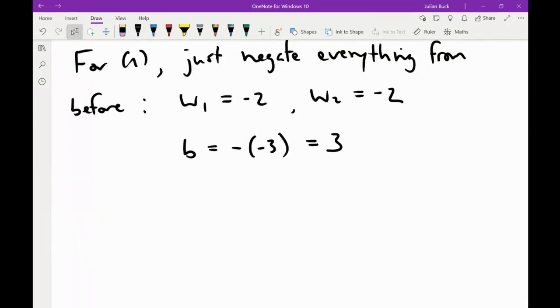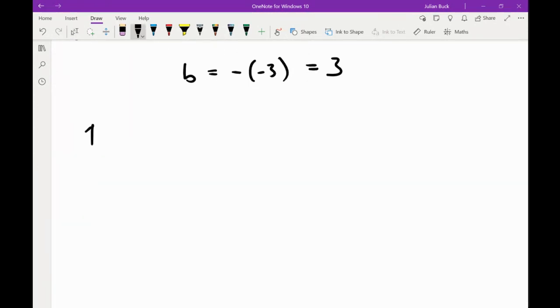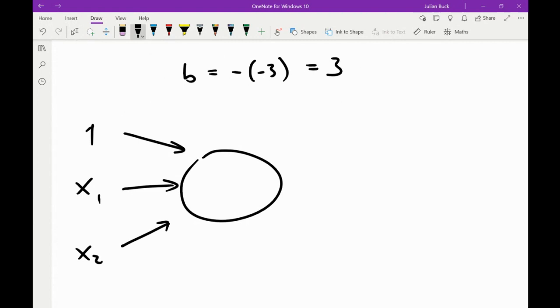Okay. So when we do it this way, our perceptron looks as follows. So we have -2x1 minus 2x2 plus 3.